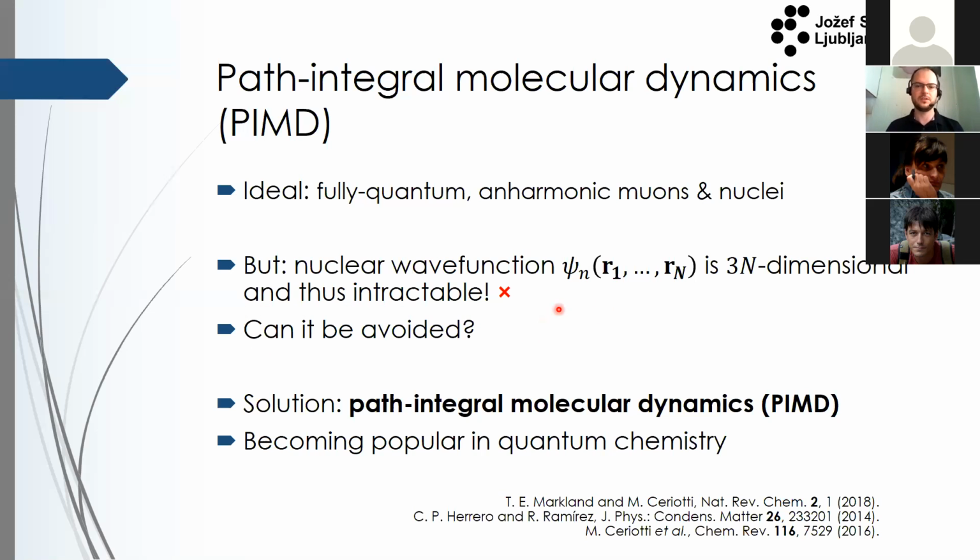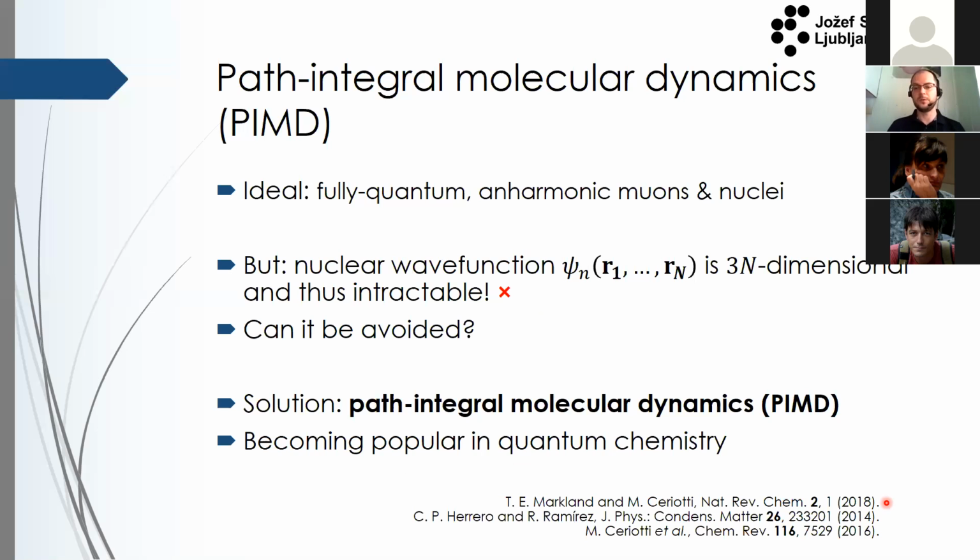So continuing this thread of reformulating the problem if you don't like the answer: can we avoid solving the Schrödinger equation? There is a solution. It's called path integral molecular dynamics, as I already mentioned, and it is becoming more and more popular in quantum chemistry. So, for example, this first reference, the latest one, has a title something in the sense of quantum nuclear effects are becoming mainstream.